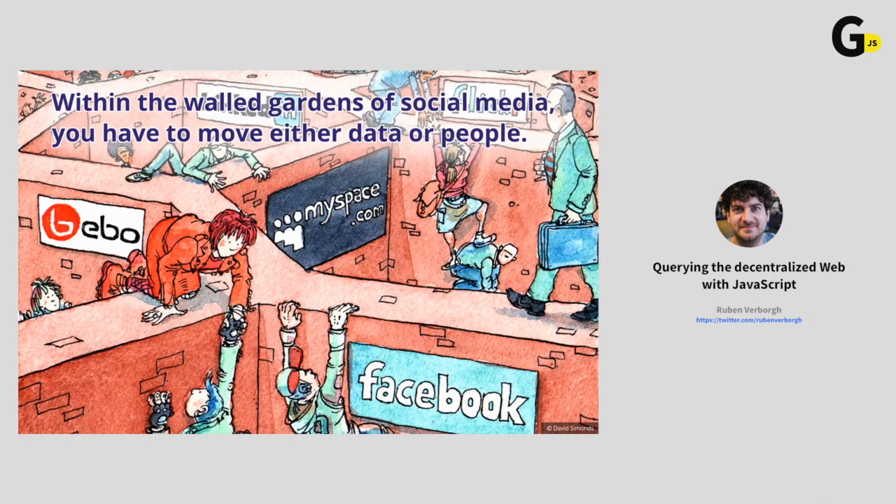And this is often called the walled gardens of social media, right? And in order to operate, you have to move the people or you have to move the data. Simply said, if I want to share a Facebook photo with my LinkedIn colleagues, I have to move the data or I have to get people off LinkedIn into Facebook, right? And this is crazy because on the web, that didn't exist, but social media and many other sectors have created those walled gardens.